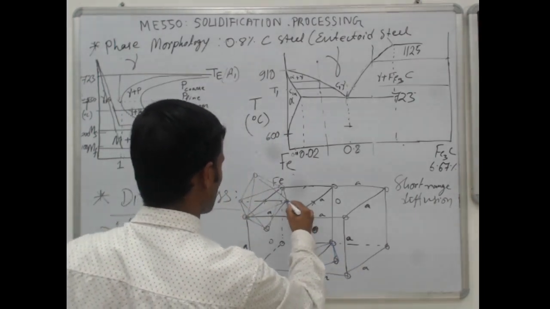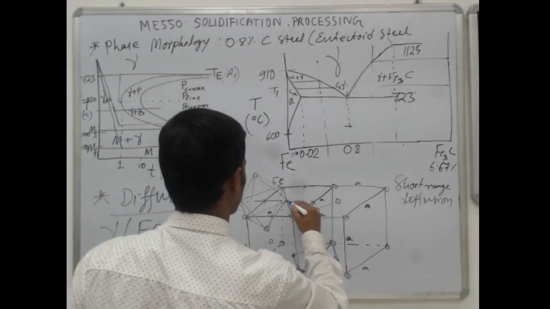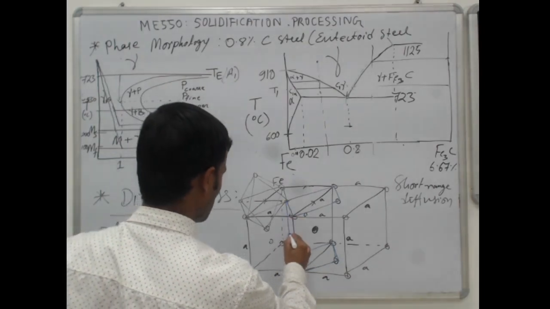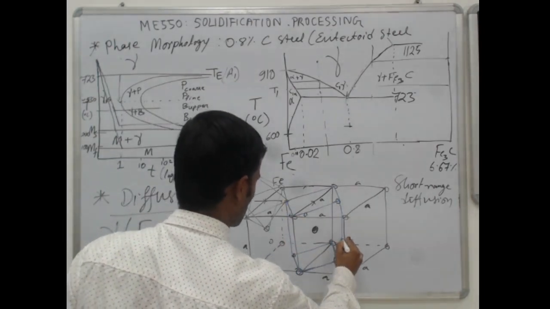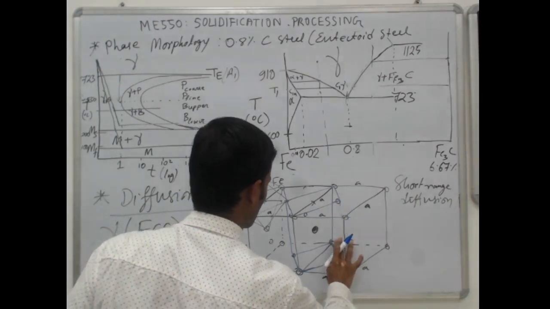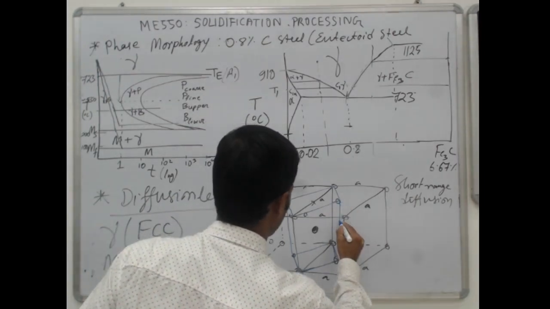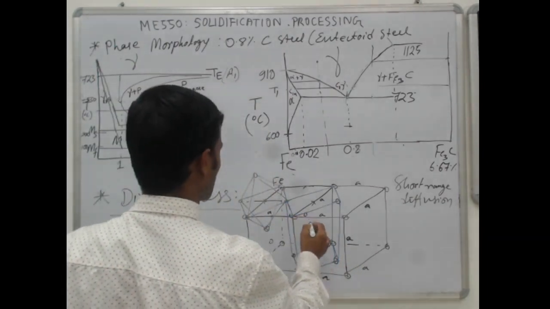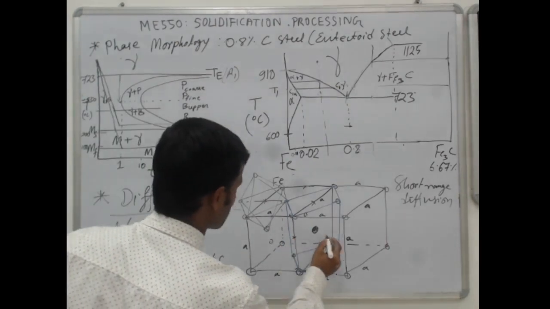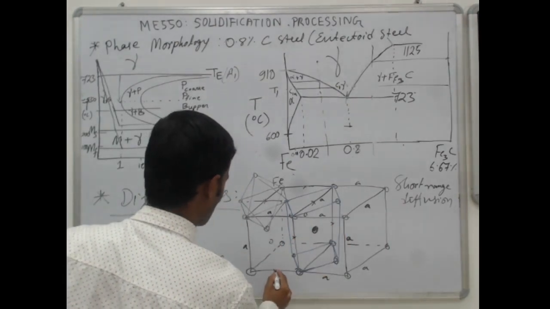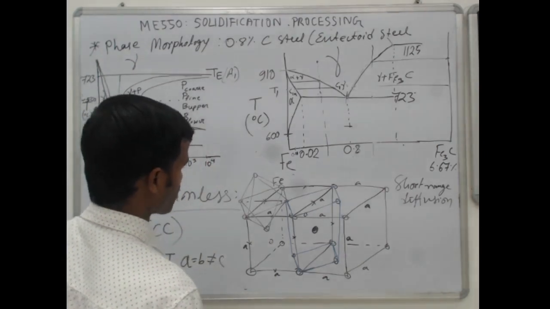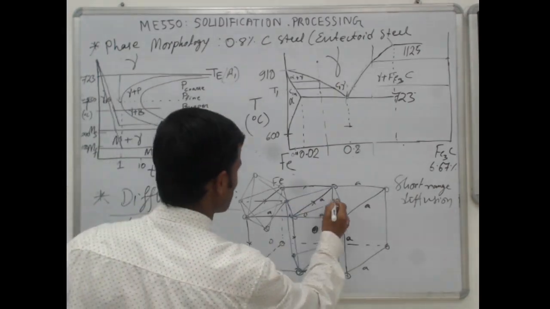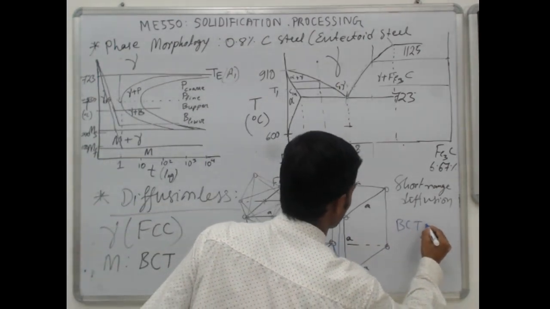And then similarly you have another one. So you had octahedral void positions here, here, here also. But now you get the BCT structure.